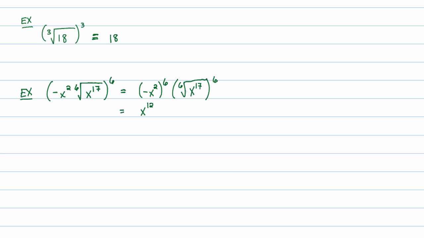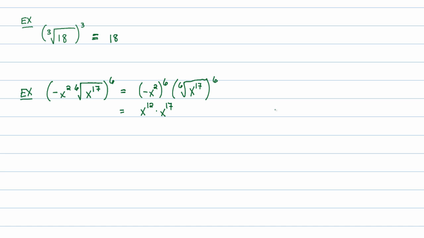In the second factor, I know I could probably take the sixth root of x to the 17th. So I'm going to go ahead and say that the sixth power of the sixth root will cancel, and I'll get x to the 17th.